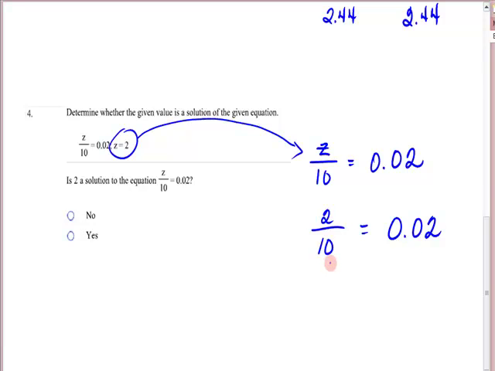This is 2/10. This decimal is read as 2/100. So I think right away we're going to know this is not true, but you could perform this division. You'll get 0.2. Is that the same as 0.02? The answer is no. It is not a solution.